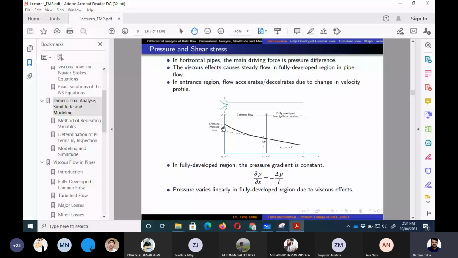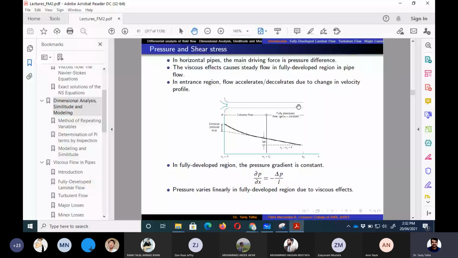And if you remember in chapter number 6, when we were deriving the relation for the Poiseuille flow and Couette flow, we wrote delta p by delta x is equal to minus delta p by L, where L is the length of this pipe, and delta p is the pressure drop in this pipe.